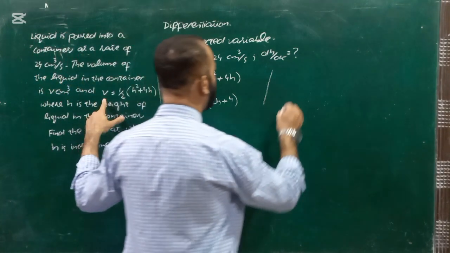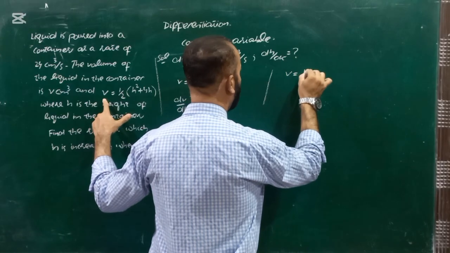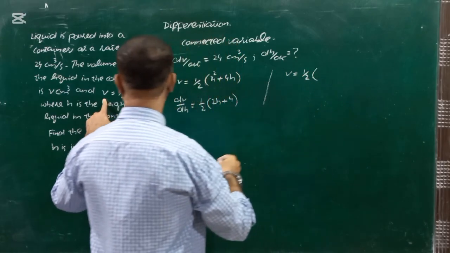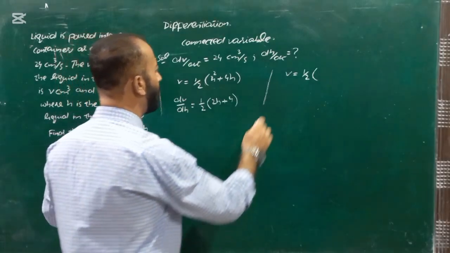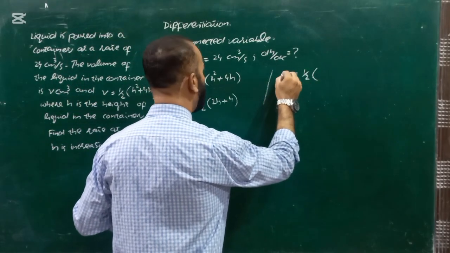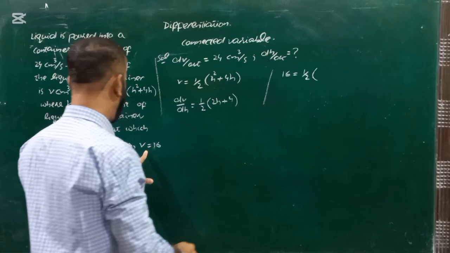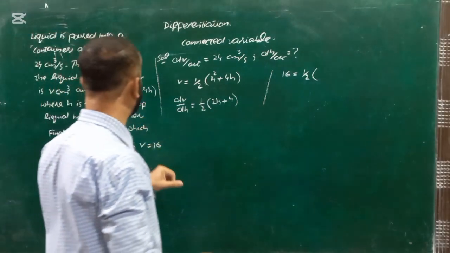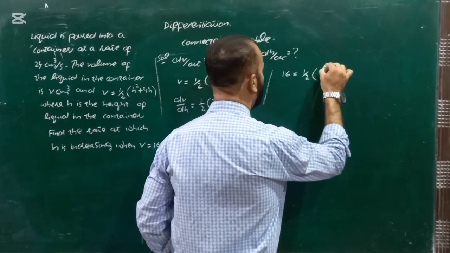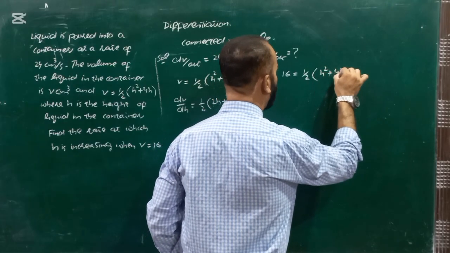So V is equal to 1 by 2 into H square plus 4H. Here it is 16 because V is 16, and the right side will remain as it is, 1 by 2 H square plus 4H.